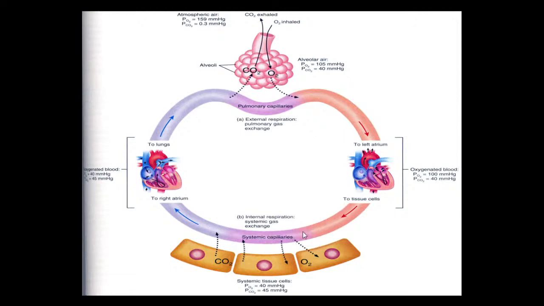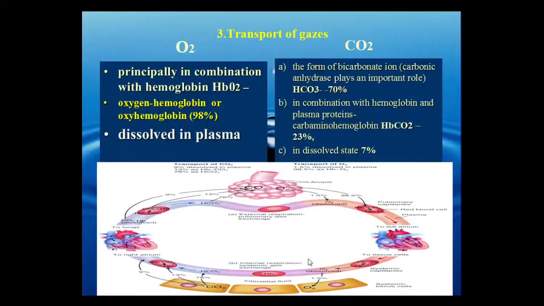That's why I told you here that we have the same laws of gas exchange in tissues, because here the movements of gases, oxygen from capillaries to interstitial fluid and to cells, and carbon dioxide from cells to capillaries, is possible due to pressure gradient between partial tension of gases in blood and partial tension of gases in interstitial fluid and in cells.